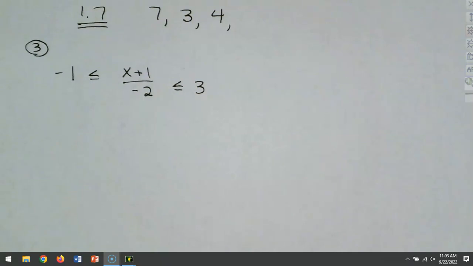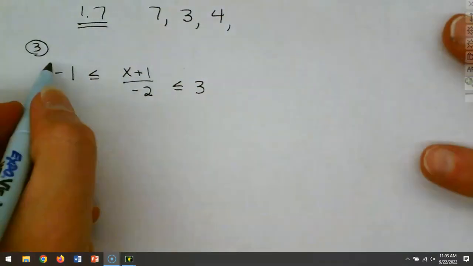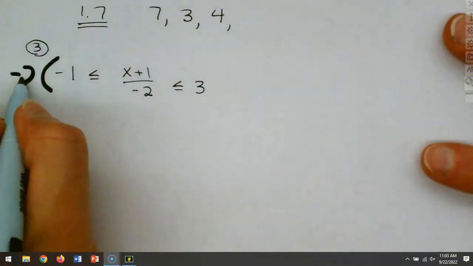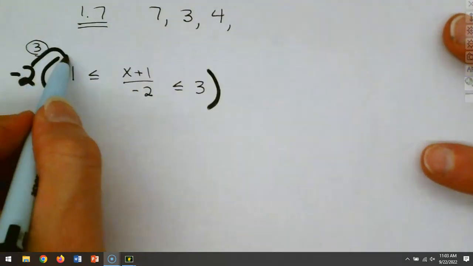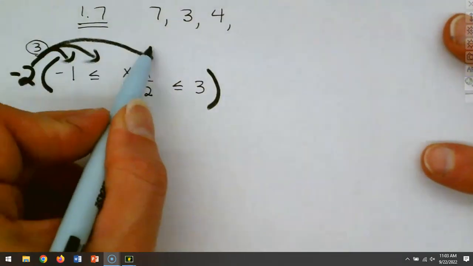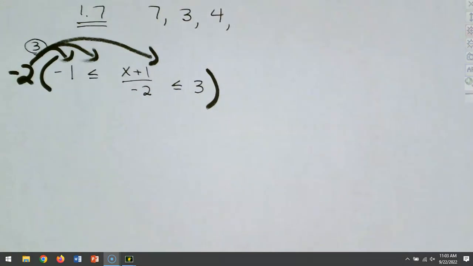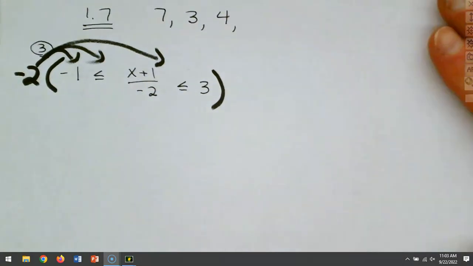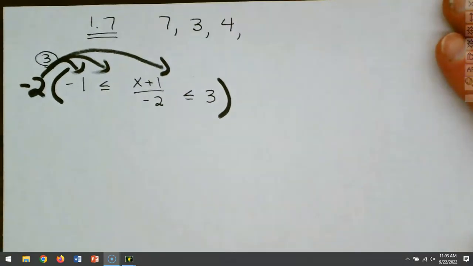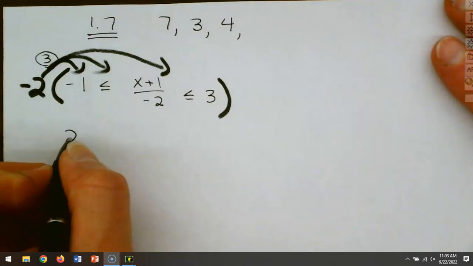We are going to have to switch our signs, right? So we're going to have to multiply, in this case, everything by a negative 2. That way we can clear our fraction. Now, when we multiply it all by a negative 2, negative 2 times negative 1, negative and negative makes it a positive 2.